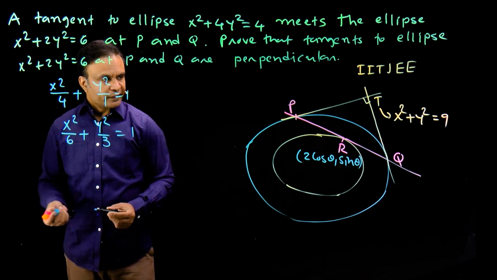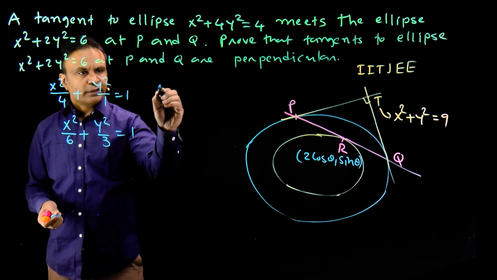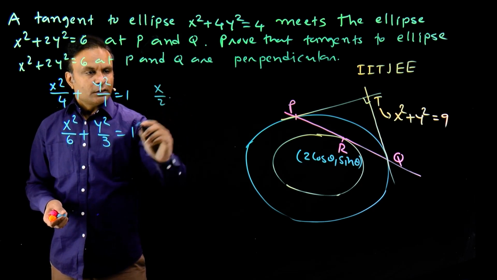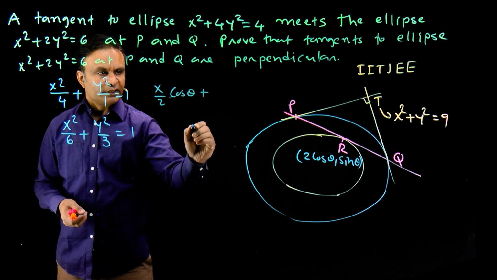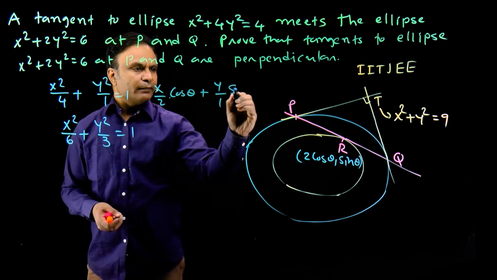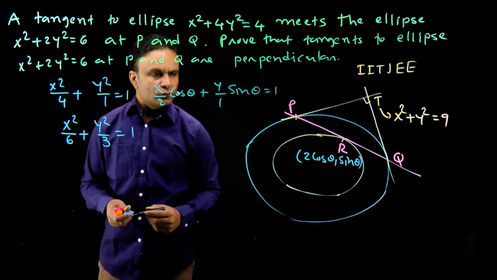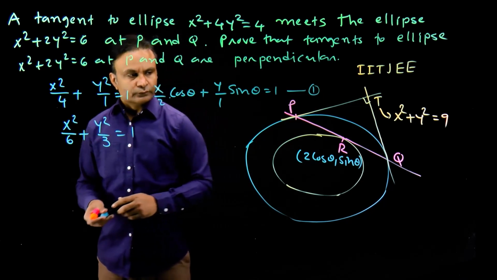What is equation of line PQ which is tangent at point R? We have x upon a multiply by cos theta plus y upon b which is 1 multiply by sin theta is equal to 1. Suppose this is equation number 1.